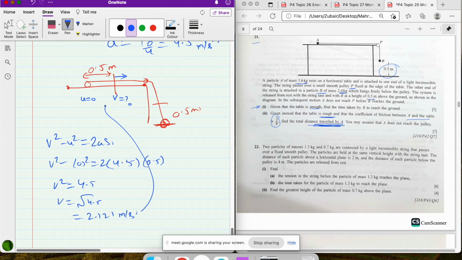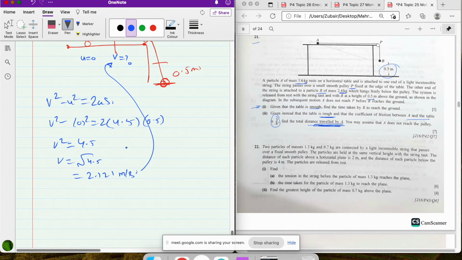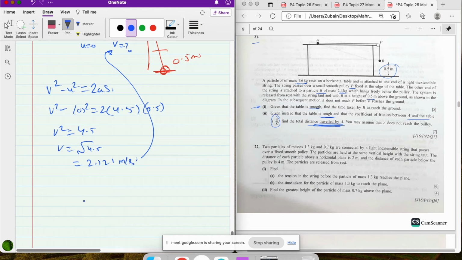A would move with this velocity and ultimately come to rest due to the frictional force. Now A is at this point with a velocity of 2.121 and is moving towards this side.